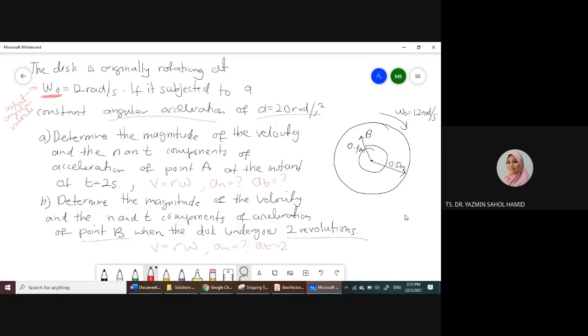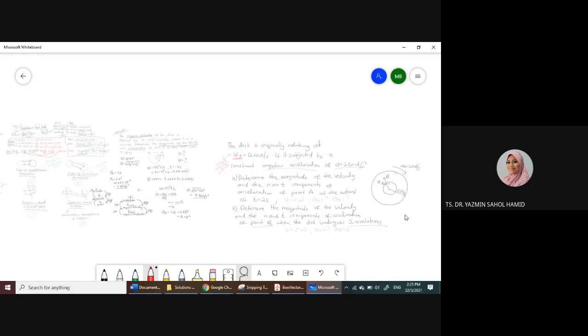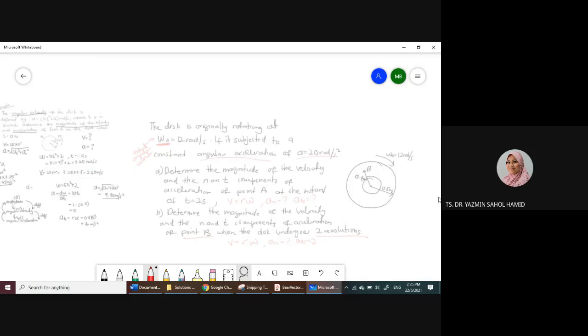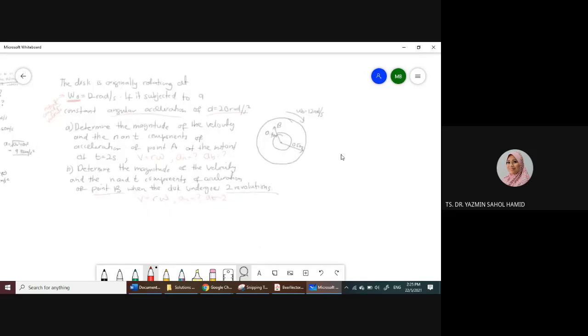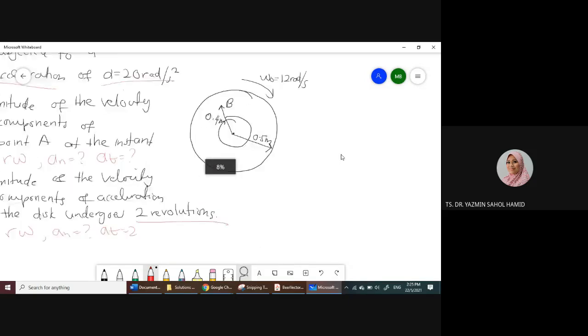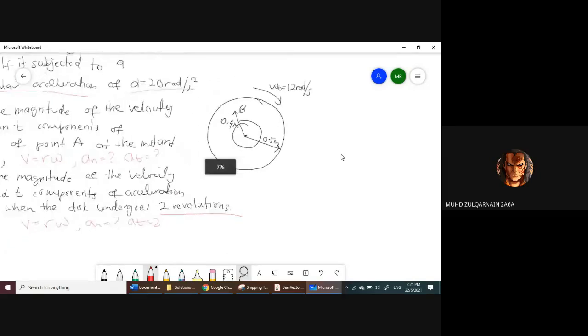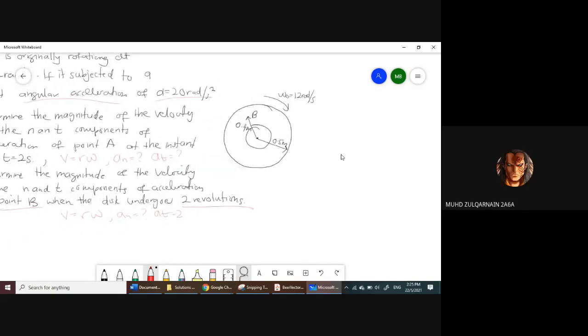Okay, this is something new, two revolutions. How are we going to answer when there are two revolutions? Do you know what is one revolution? 360 degrees. One revolution is 2 pi.